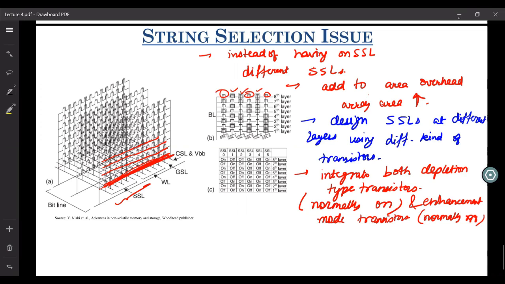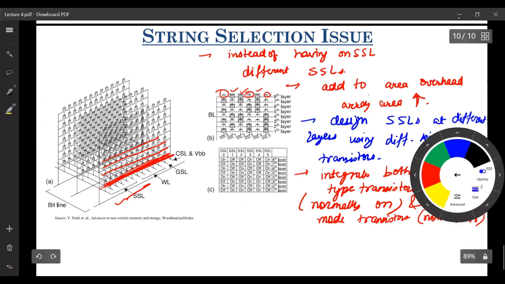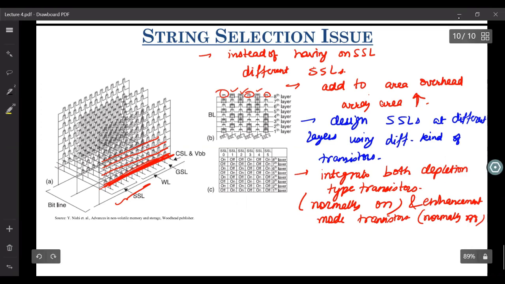This is a big, I would say, leveraging technology, and they cannot make it in a single go, because the process for depletion type and enhancement type is not the same. Actually, the channel doping is different in the two cases.